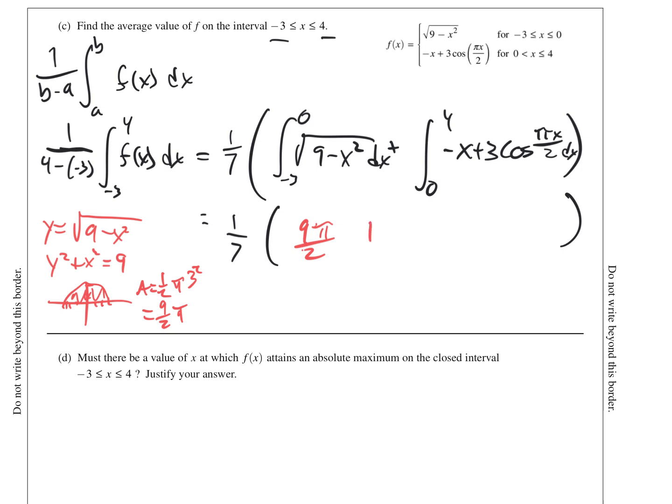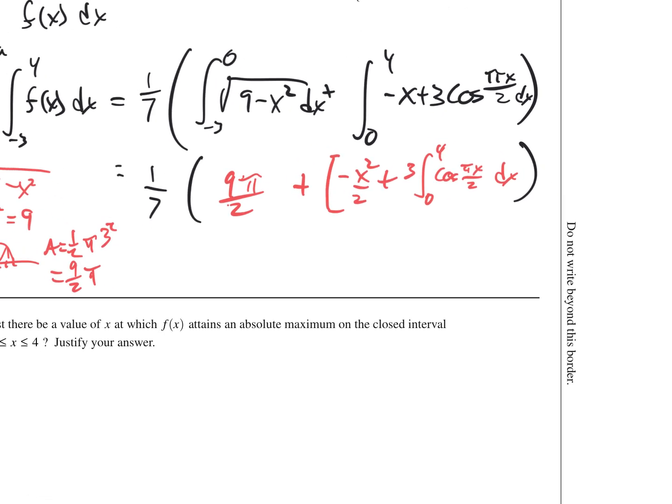All right, plus the integral here, well, we need to go ahead and find the antiderivative of this. We're going to do this in 2 parts, kind of. Okay, the first part would be -x squared over 2 plus, and maybe I'll write it out part way, 3 times, I'm going to pull that 3 out, the integral of cosine pi x over 2 dx.